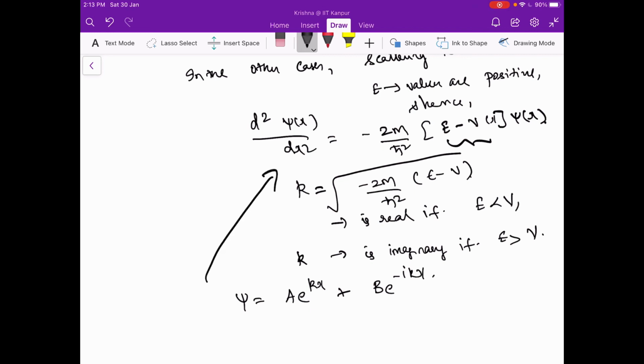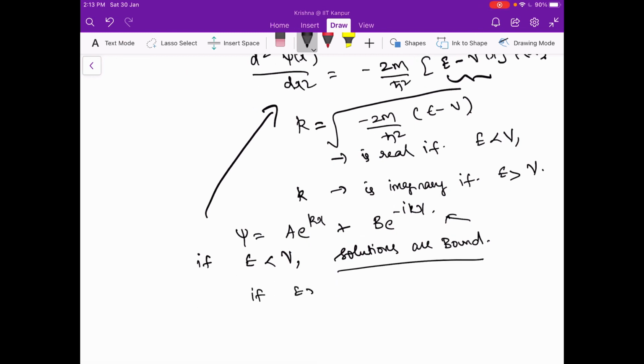You can clearly see that if E is less than V, then the solutions are bound, in the sense that you have either exponentially increasing or exponentially decreasing. If we take that the wave functions should die at x tends to infinity, the solutions will always be exponentially decreasing in any of these directions, and then the solutions will always be bound. You will see examples of this.